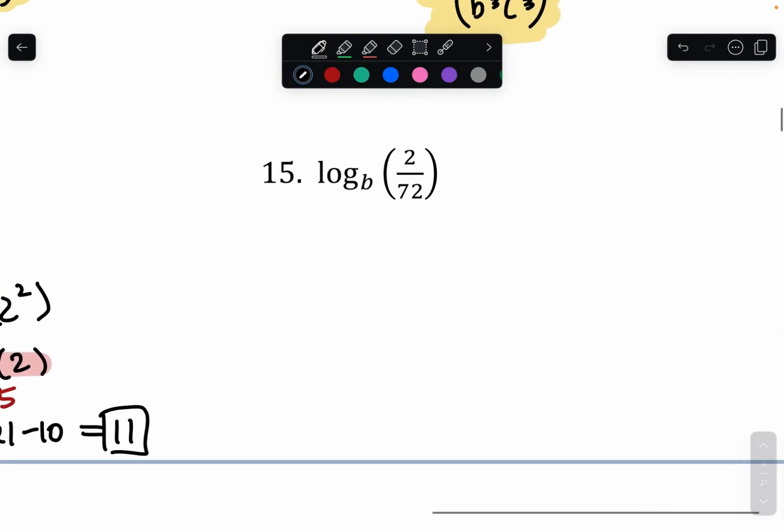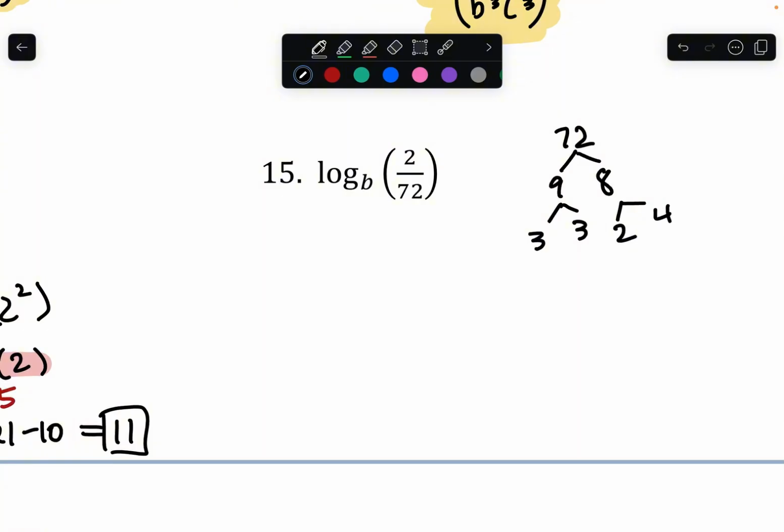Okay, for this last one, 72 is 9 times 8, which is 3 times 3, which is 2 times 4, 2 times 2. Okay, and so 72 is 3 squared and then 2 cubed.